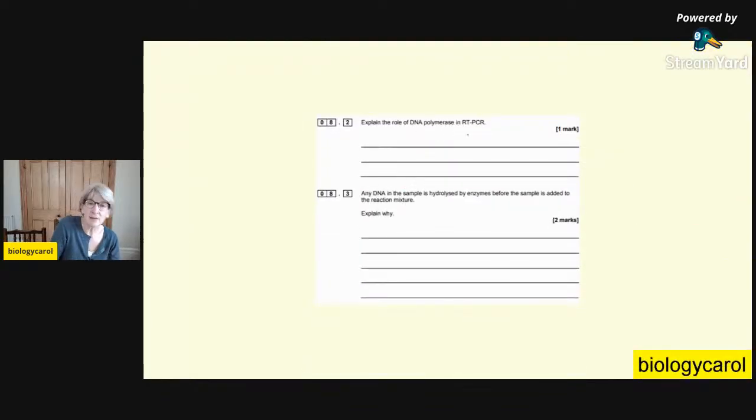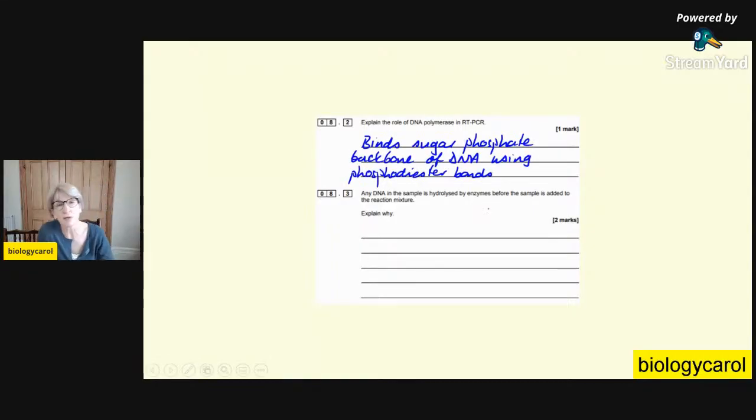Explain the role of DNA polymerase in here. Well, here was me just going, what is the role of DNA polymerase? It bonds the sugar phosphate backbone using phosphodiester bonds. And I didn't get the mark because they really wanted me to say nucleotides.